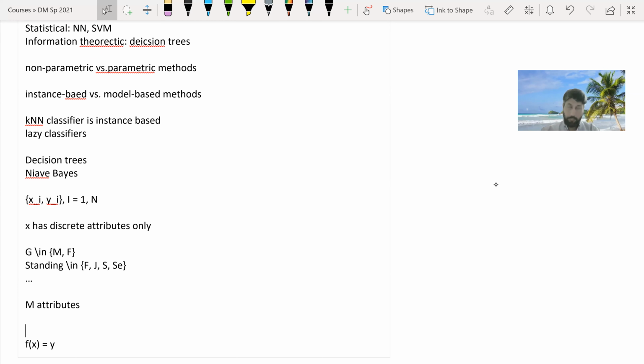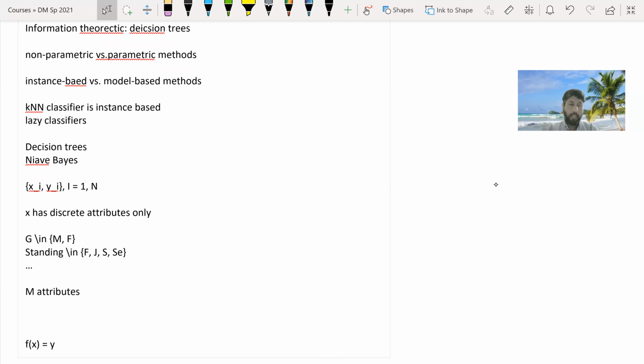We decide that by what is known as a splitting criterion. This is some information theoretic measure that would tell us that this attribute is a good attribute upon which to split the data.